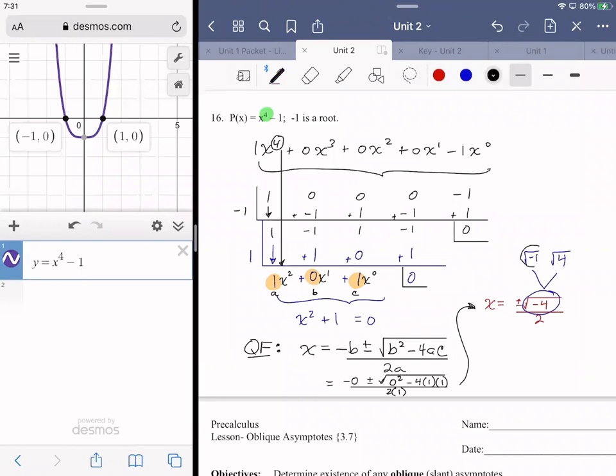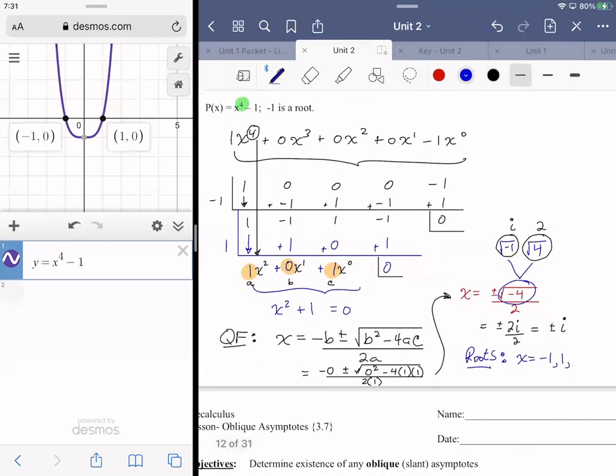The square root of -1 is i. The square root of 4 is 2. Put them together, and we're looking at plus or minus 2i over 2, which simplifies down to just plus or minus i. So my roots here, and like I said, we're not going to worry about factors when it comes to the complex stuff, would be x is equal to -1, +1, -i, +i.